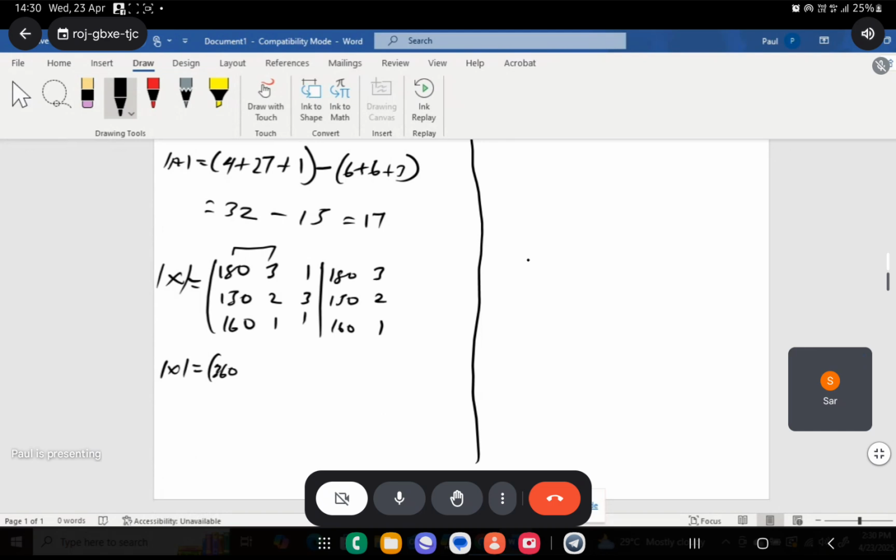Now, the second one too becomes, oh, sorry, 3 times 3 times 160. So 3 times 3 times 160, which is what?